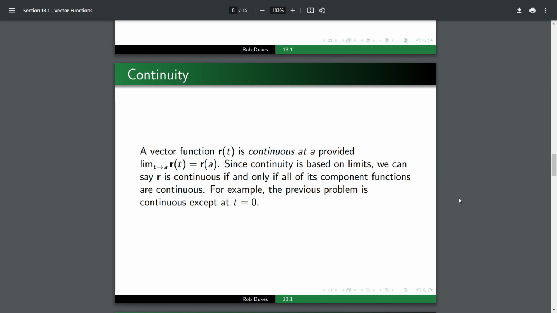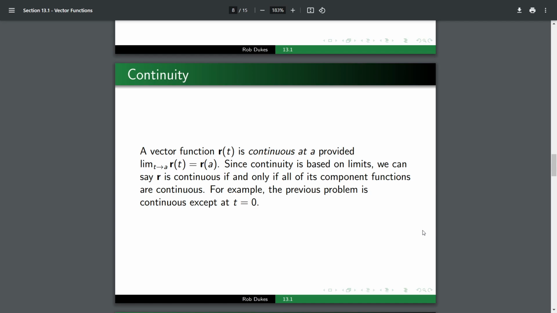Since continuity is based on limits, we can say r is continuous if and only if all of its component functions are continuous.